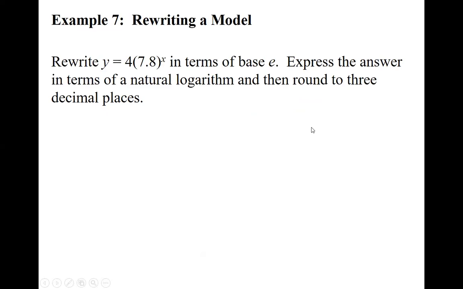We want to rewrite 4 times 7.8 to the x in terms of base e, express the answer in terms of a natural logarithm, and then round to 3 decimal places. So our b here, we're going to rewrite as e to the natural log of 7.8. And that'll be times x.